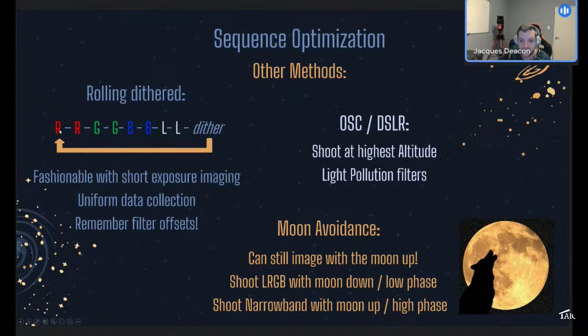So at least you have a set of data containing all of your filters up to then, while maybe if you shot your filters one by one, you'd only have, let's say, the red and the green channels, and then you have half an image. You don't have the uniform data. At least you have all your filters, and you can still process the image.